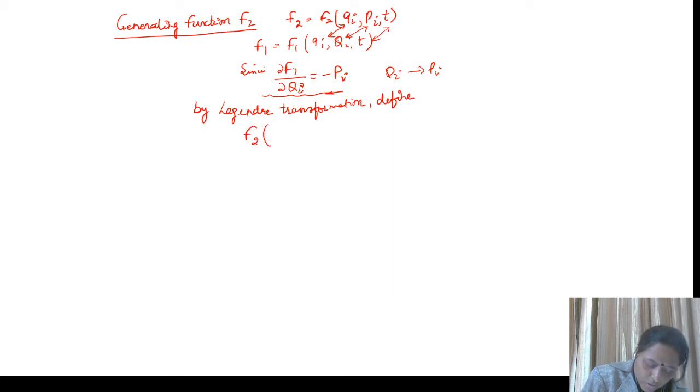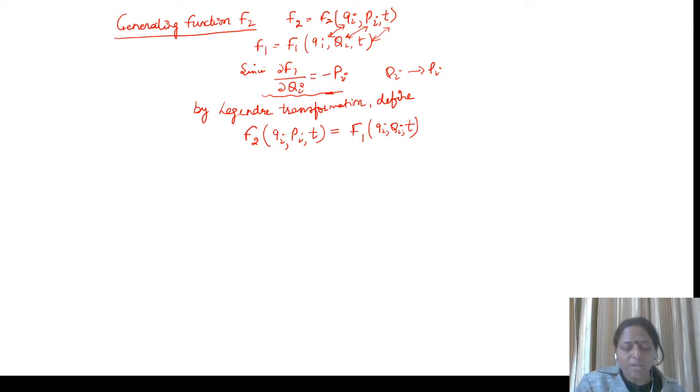This f2 will be a function of qi and a changed coordinate Pi and time, equal to f1, which is a function of qi, capital Qi and time, and because you are having a negative symbol in this relation, this will be positive sigma combination of these two, Pi Qi.